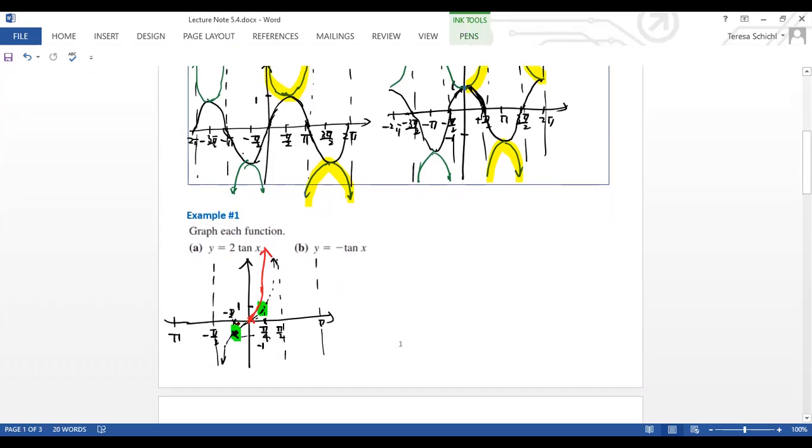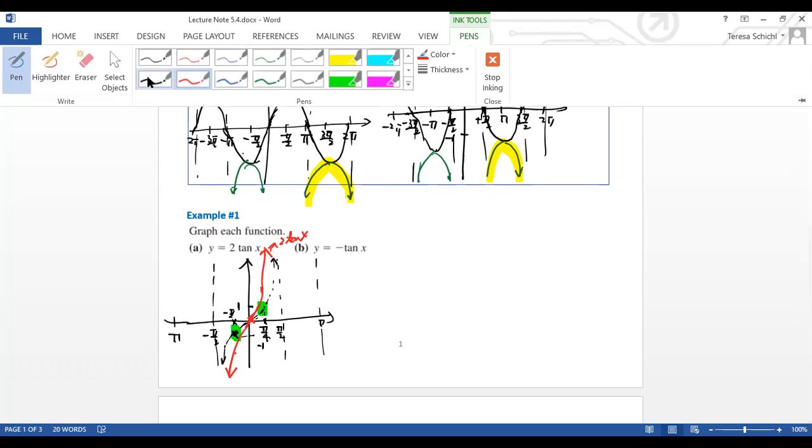The same way here: 0 times 2 is 0, and negative 1 times 2 is negative 2. So this will be my 2 tangent x. I kind of stretch it a little bit.